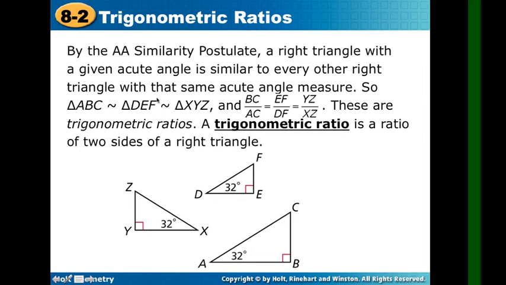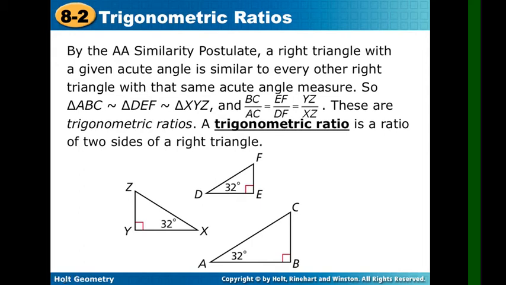Okay? This is the symbol for similar, which means that the ratio of BC over AC is equal to the ratio of EF over DF, and it's also equal to the ratio of YZ over XZ. Okay? So, ibig sabihin pare-pareho yung kanilang measurement.